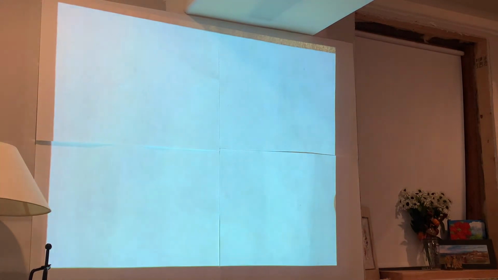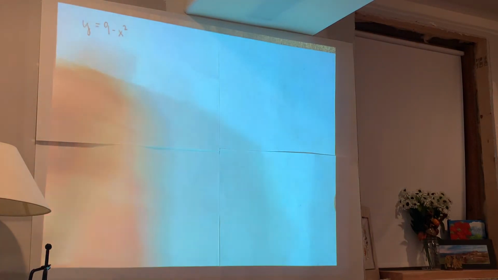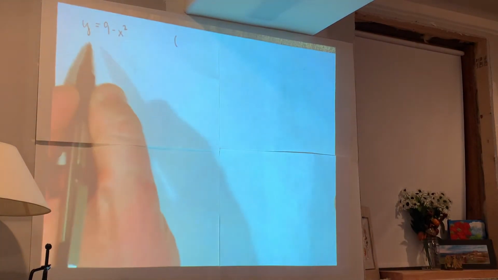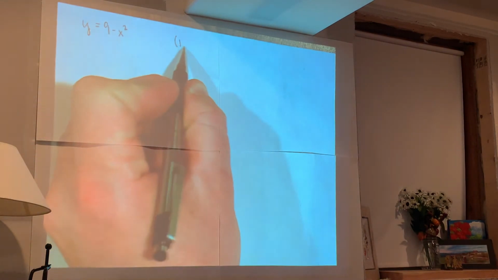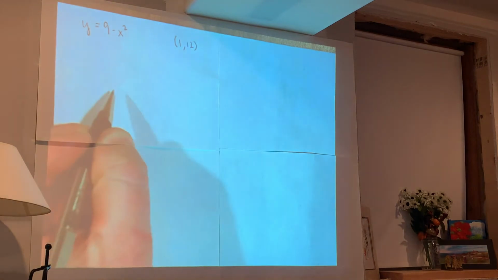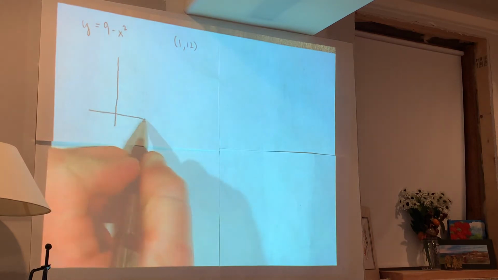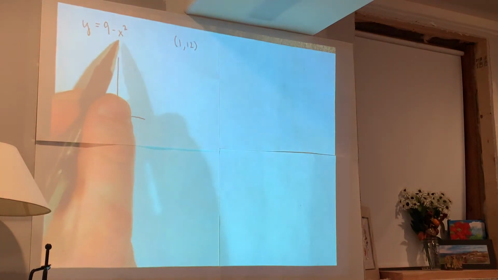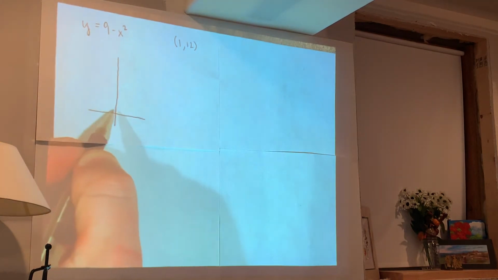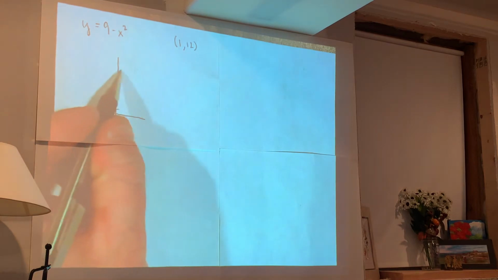We're dealing with the graph of y equals 9 minus x squared, and we're looking for equations of lines that are tangent to this curve and also go through the point (1, 12). So first off, let's do a decent sketch of what y equals 9 minus x squared looks like. This is a parabola that opens down that's been shifted up 9 units. So 1, 2, 3, 4, 5, 6, 7, 8, 9.